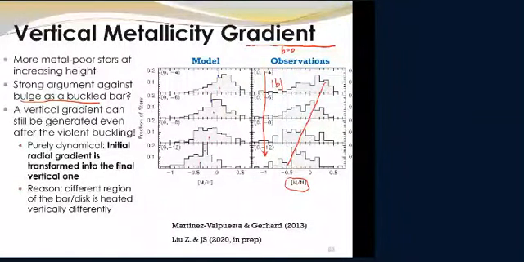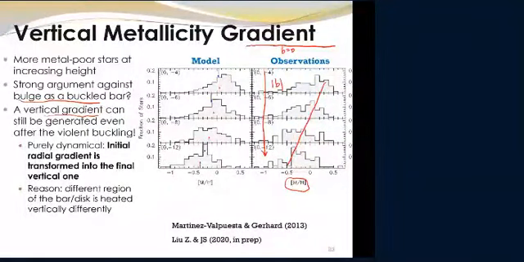Because people think that if you have a vertical gradient, after this violent buckling in the vertical direction, the gradient tends to be erased. But we found that this gradient can still be generated after the violent buckling. So this is the modeling result, and you see that it's not very far from the observation.